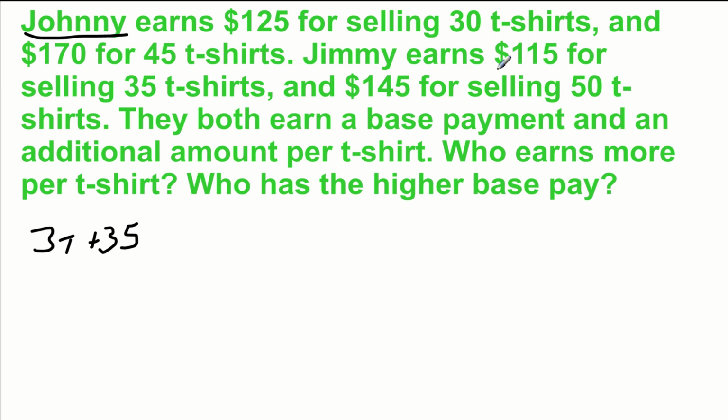For Jimmy, then, we got to do our same thing, basically. Our change in y is going from 115 to 145. That's a change of 30. The x values are going from 35 to 50. That's a change of 15. That makes Jimmy have a slope of 2. We do y minus mx for Jimmy.